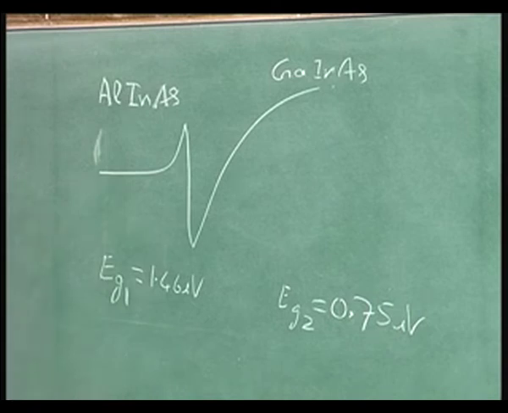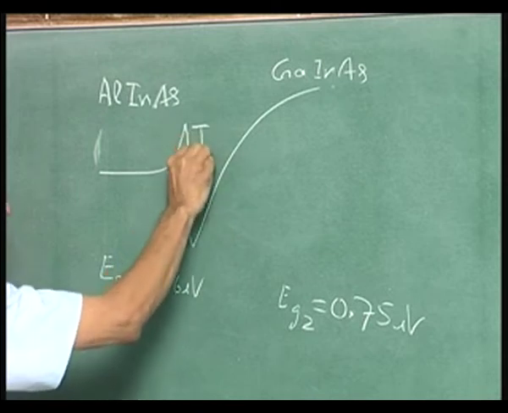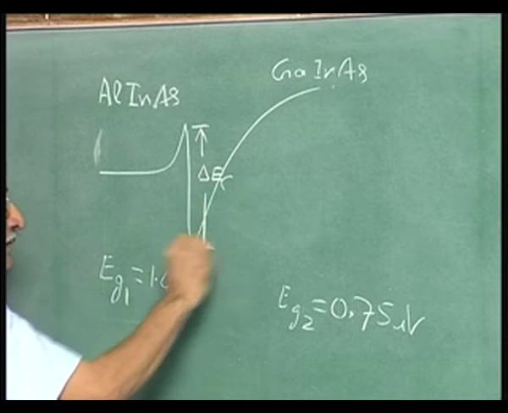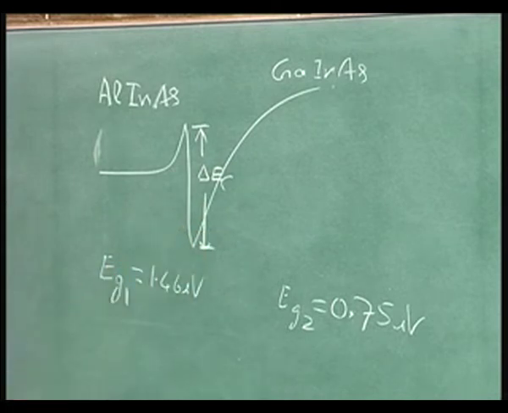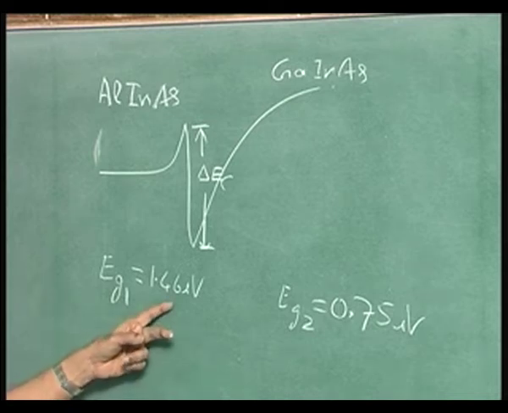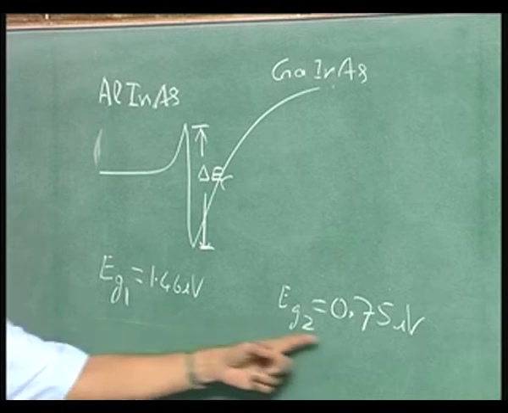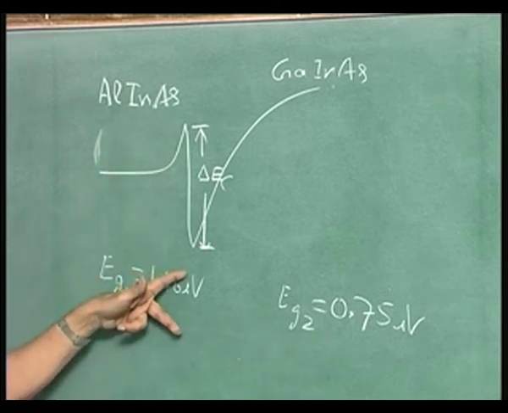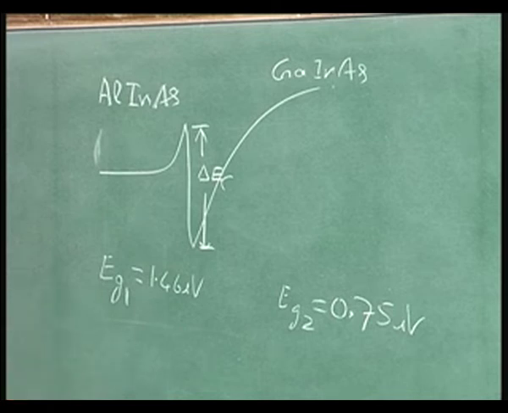Now, from your thumb rule, you can see what delta EC is. We had a thumb rule, 2/3 of this minus this, that is approximate delta EC. Now, notice what has happened between the AlGaAs system and this.